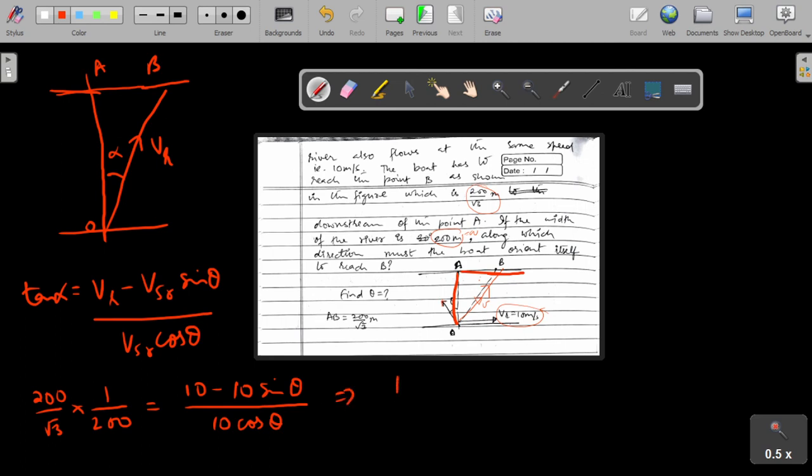And this would give us 1 upon root 3 is equal to 1 minus sine theta divided by cos theta.